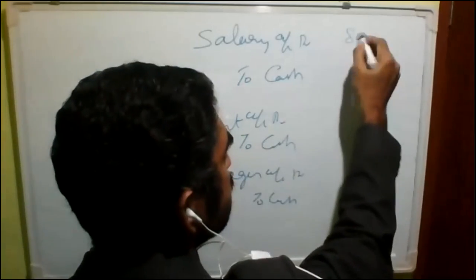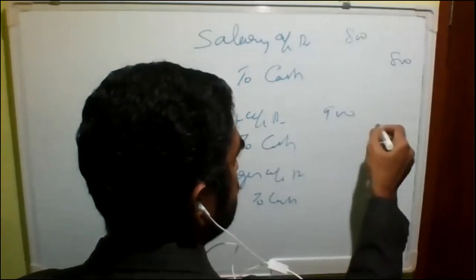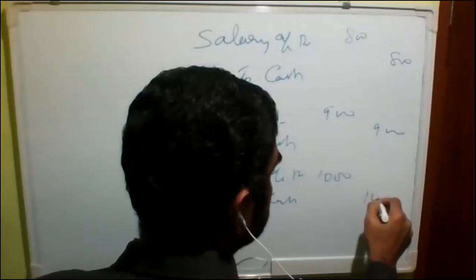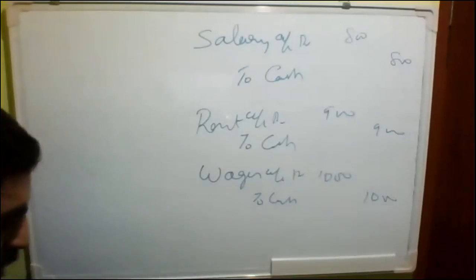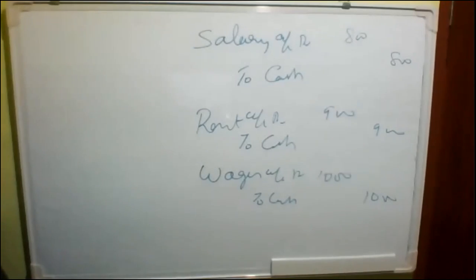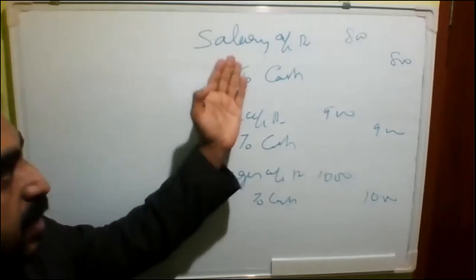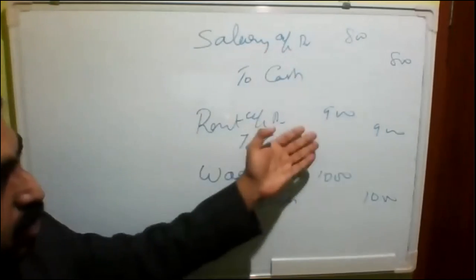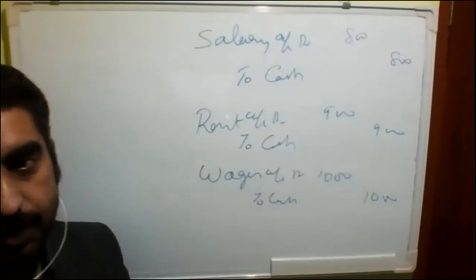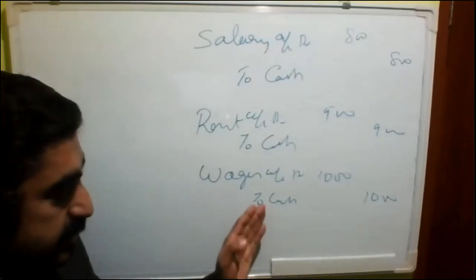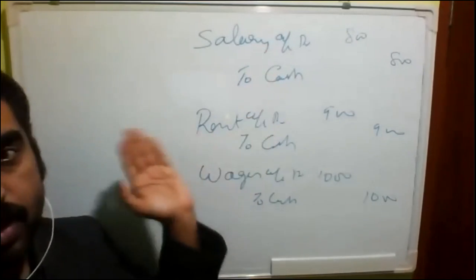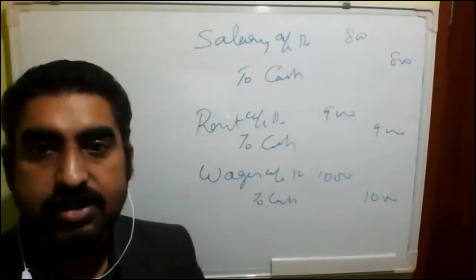Say 800, 900, 1000. See, what is a compound journal entry? In this case, salary account is debited, rent account is debited, and wages account is debited. But the credit is the same. What is going out from the business? The cash is going out.